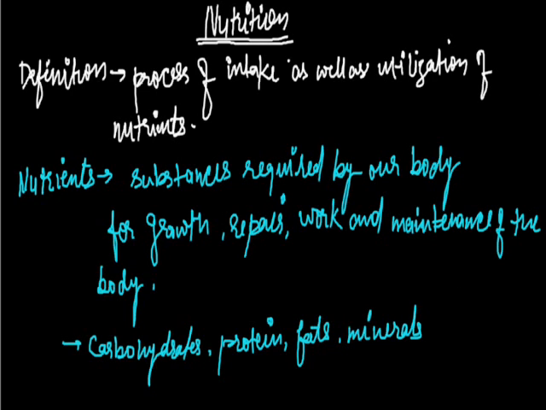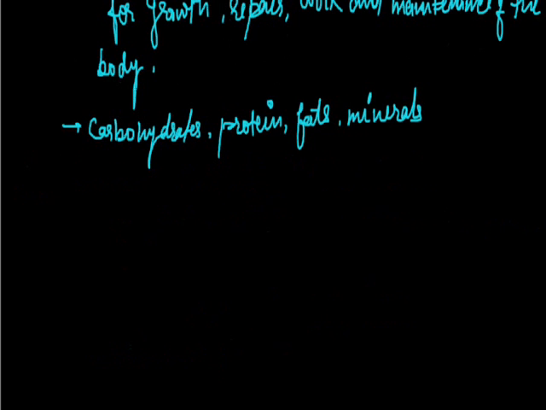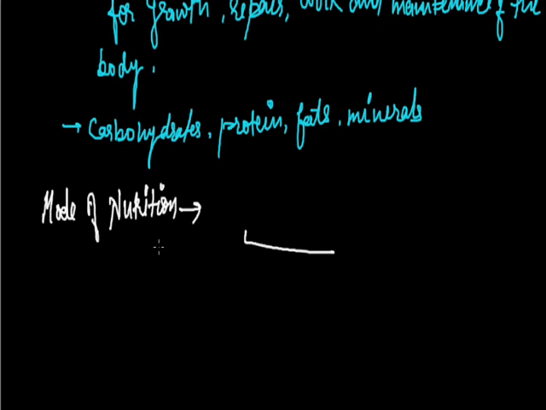Now, after the definition of nutrition and nutrients, we have mode of nutrition. There are several modes of nutrition on the basis of which organisms are classified as follows. So, there are two types of mode of nutrition. First is autotrophic and second is heterotrophic.